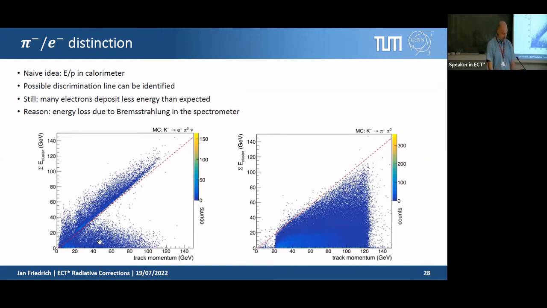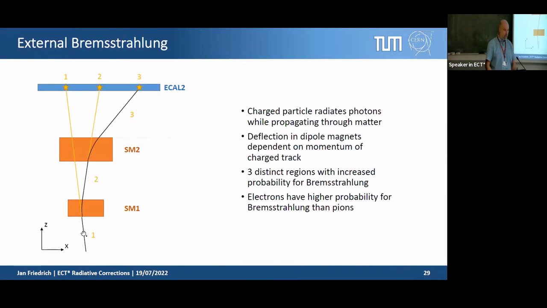How does it come that there are electrons who escape this correlation? This is due to material in the spectrometer, and we have a 2-stage spectrometer at COMPASS with 2 magnets, and in between, of course, the particles make straight lines and cross quite a few detectors, and in them they emit Bremsstrahlung already, external Bremsstrahlung, and this predominantly goes into 3 directions.